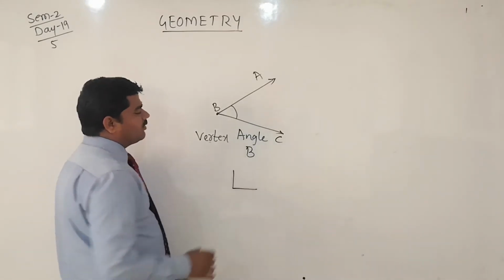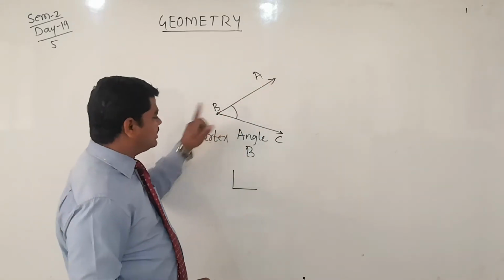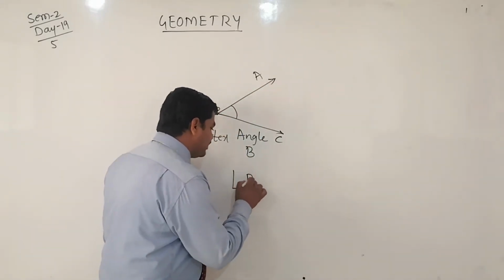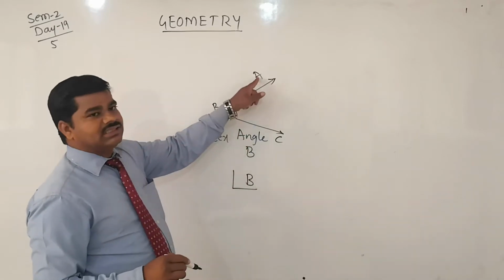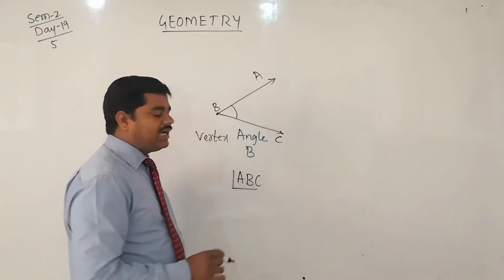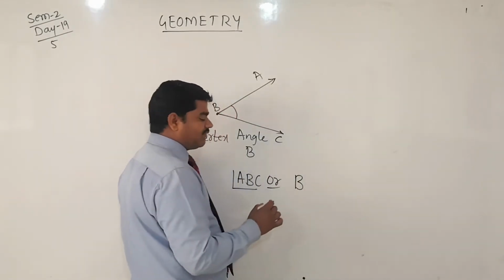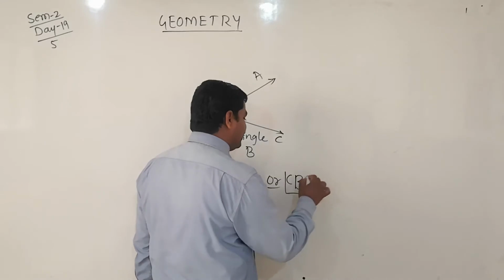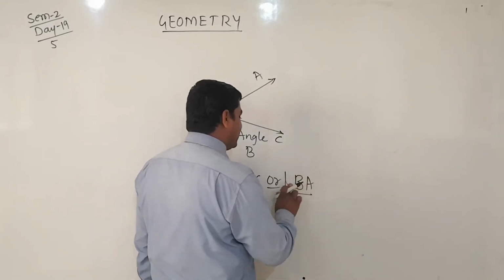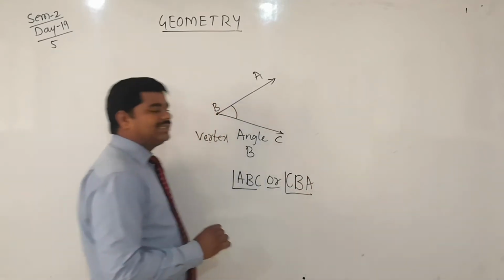We write the first letter, and the middle letter is the angle's vertex, B. We can change A and C: angle ABC, or angle CBA.